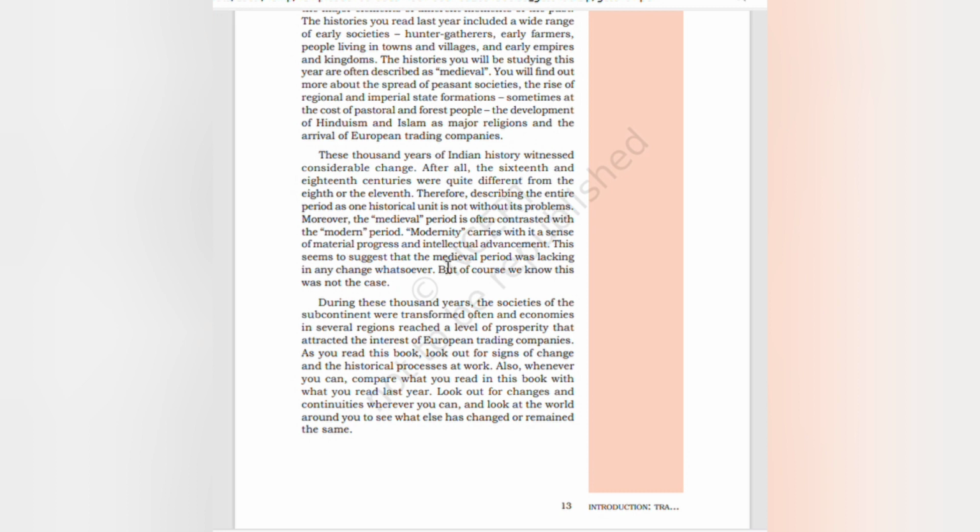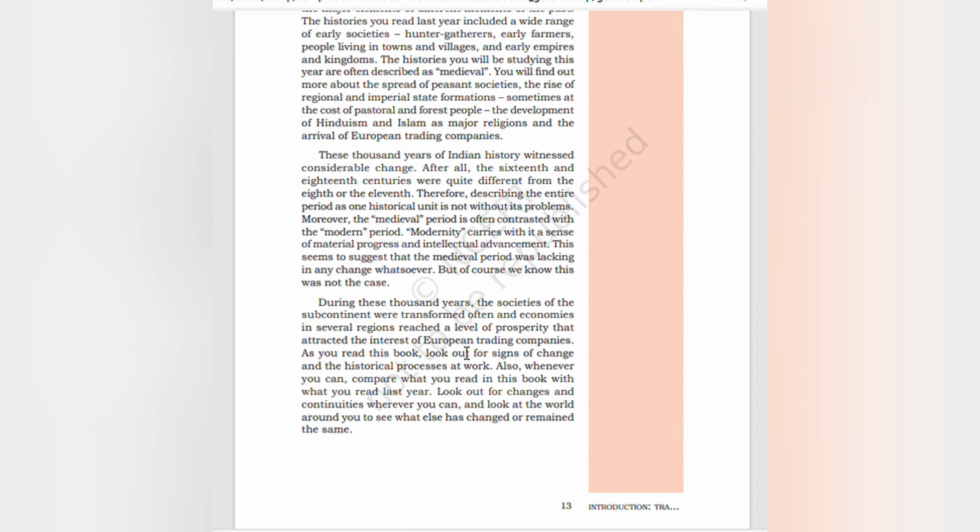This seems to suggest that the medieval period was lacking in any change whatsoever, but of course we know this was not the case. During these 1,000 years, societies of the subcontinent were transformed and economies in several regions reached a level of prosperity that attracted the interest of European trading companies.